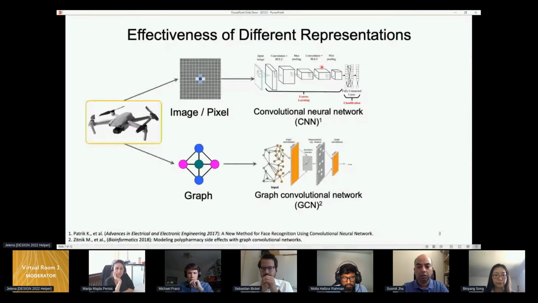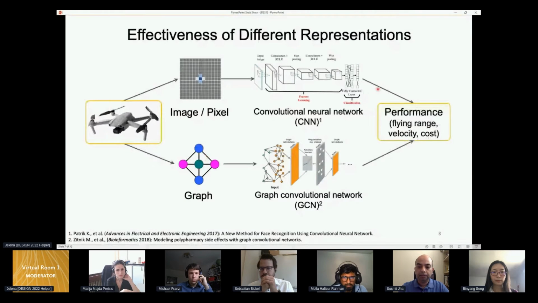Compared to CNNs learning the pixel patterns of images, GCNs capture graph features using the node features and the relations between them. Both models are trained to predict drone performance, including flying range, velocity, and cost.